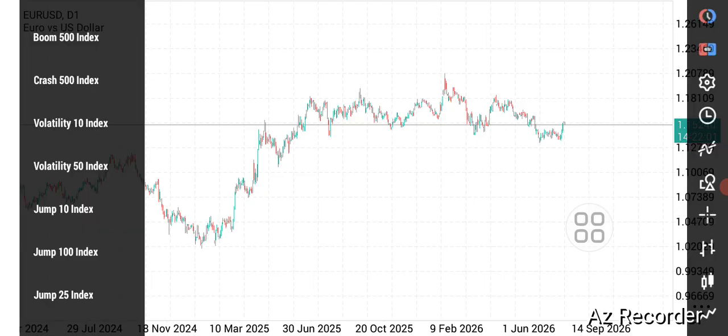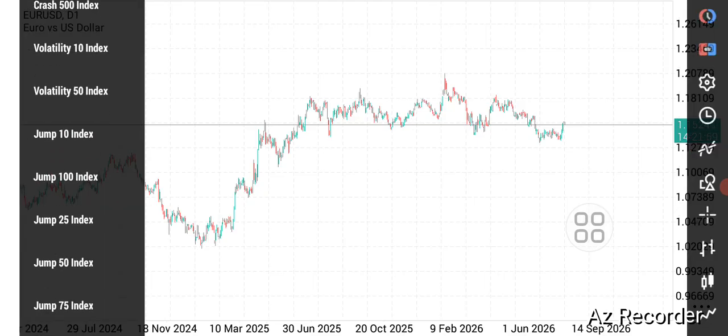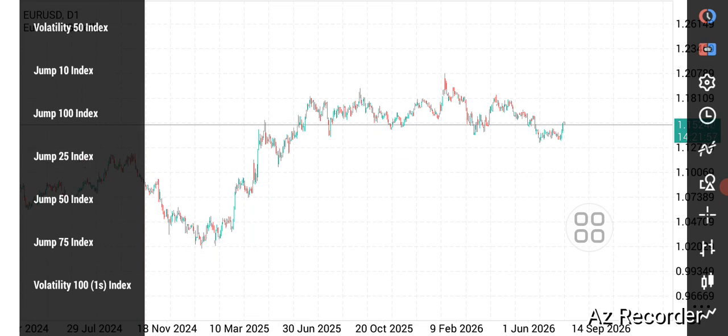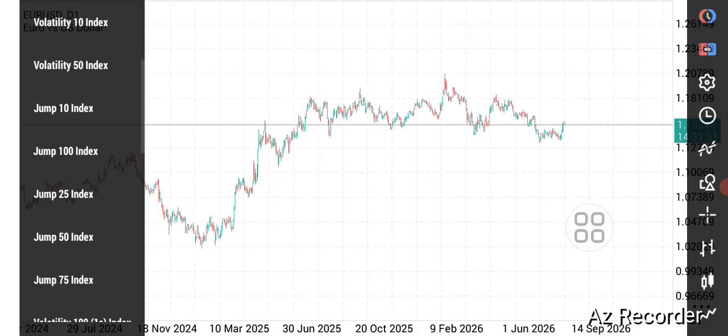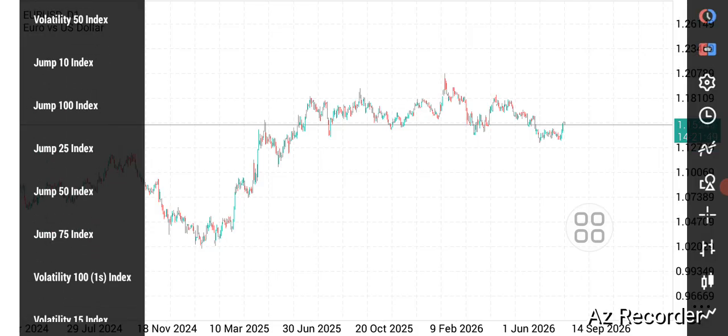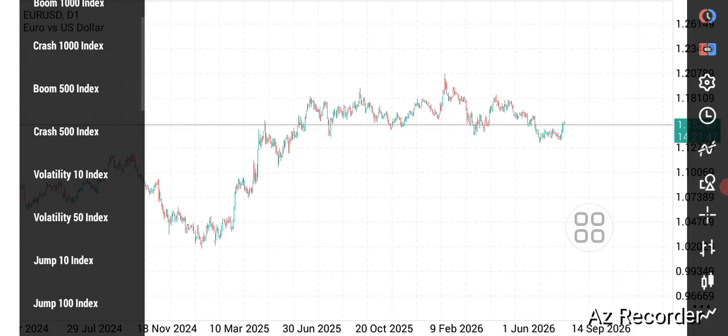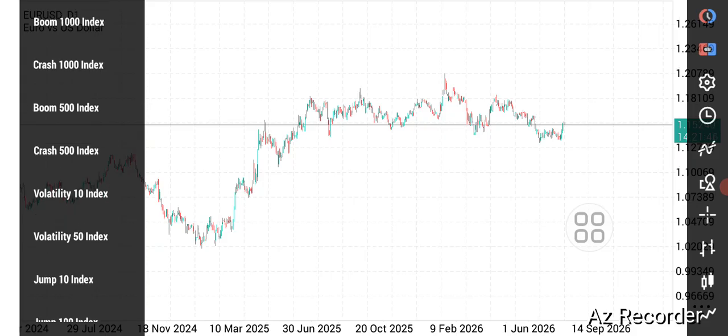So this is another chance and opportunity to maximize your profitability. Another advantage is that they are so quick and volatile, meaning they move quicker than the currency market. The currency market sometimes can take longer before it materializes.